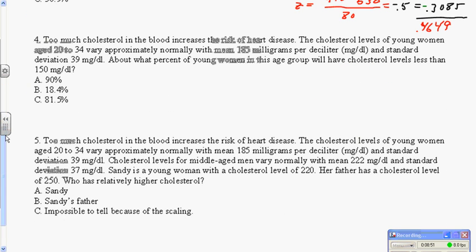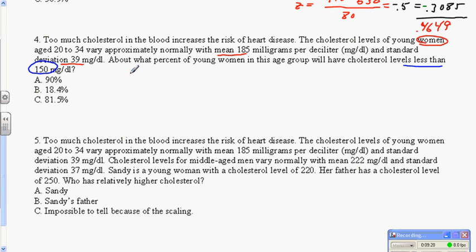Number 4, too much cholesterol in the blood increases the risk of heart disease. Now they tell us some information about women, which is our mu and our standard deviation. With this information, we have to decide about what percent of young women in this age group will have cholesterol levels less than 150.